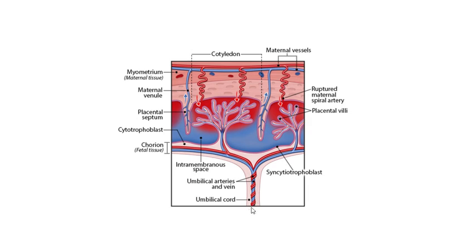So bringing blood to and from this placenta, from the fetal perspective, is done in the umbilical cord, and you typically have two arteries and one vein. Okay, so the arteries are taking blood to the placenta. So think waste products going from the fetus to the placenta and then ultimately to maternal circulation and then out. And then the vein, usually a single vein, is taking blood from the placenta to the fetus.